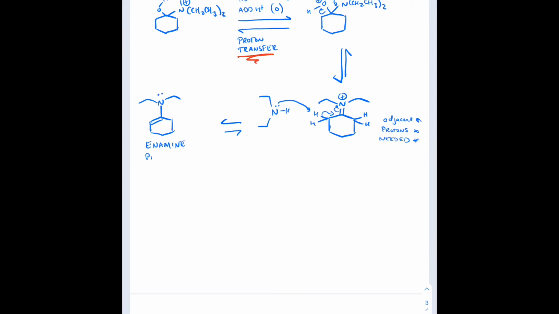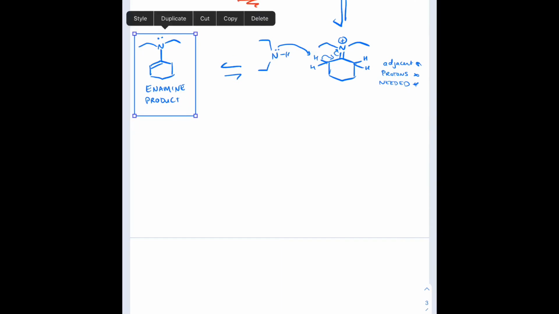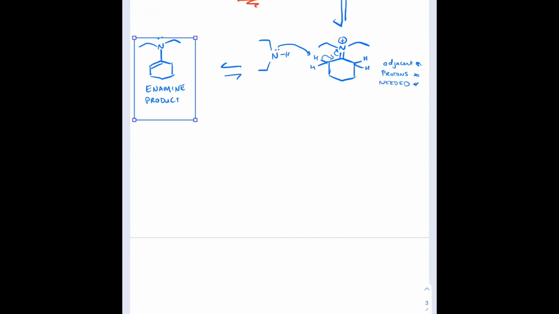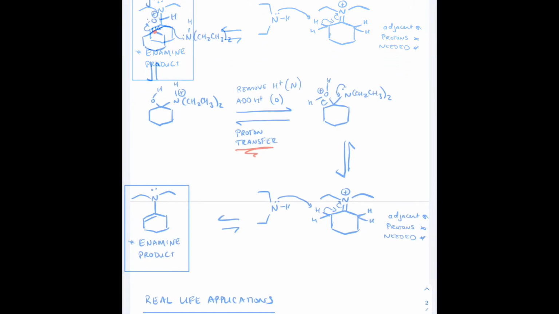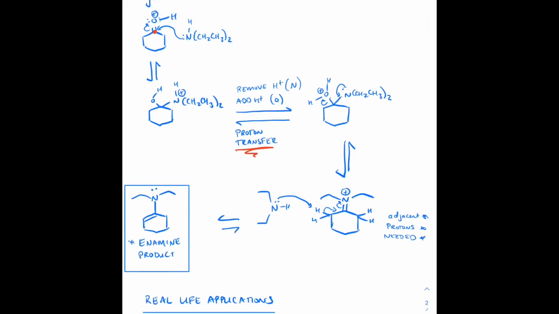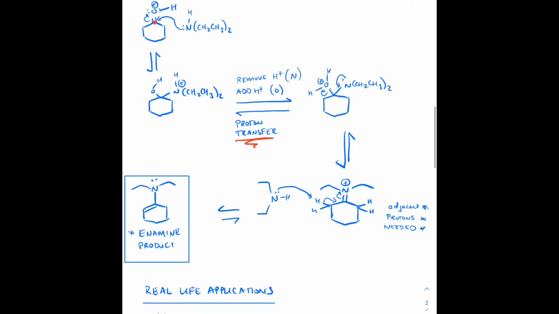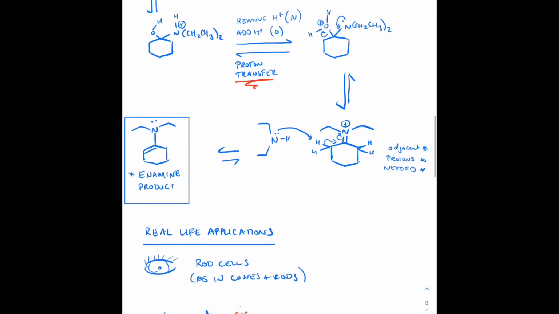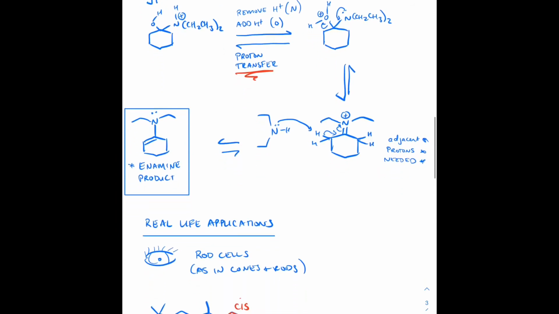So this enamine product is called an enamine because we have an alkene. We also have an amine. So they just jam the two words together to give you the fancier sounding enamine name. And so this is the difference. It is a subtle difference, but it is a difference between the secondary amine product as well as the primary or ammonia amine product. Okay. So let's take a look at some real life applications.